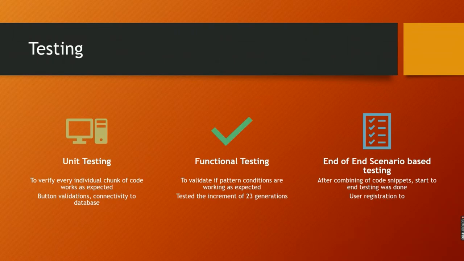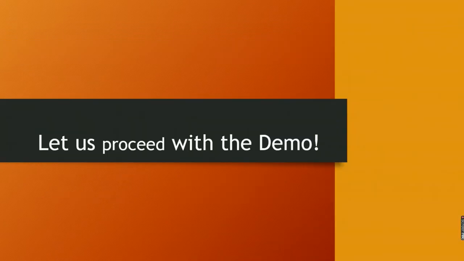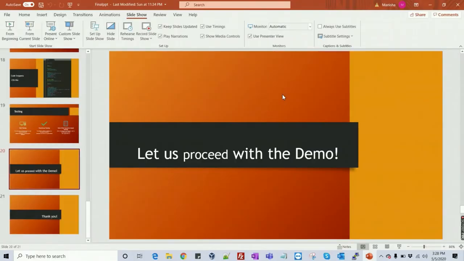Then we proceeded with some functional testing to see if the patterns, be it the oscillators pattern, are being generated and displayed as expected. After every individual chunk was working as expected, we've integrated them all together to see there are no breakages, and then we've tested it on the whole from end to end. Now let us proceed with the demo.